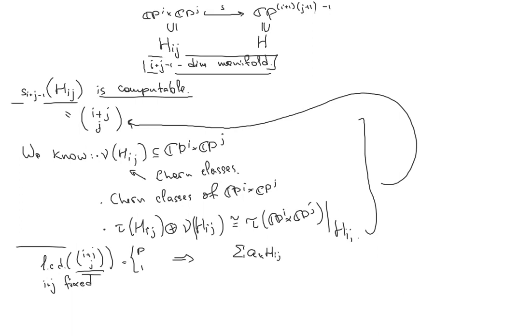Hij represents the class of this manifold, represents a polynomial generator of phi star of mu.